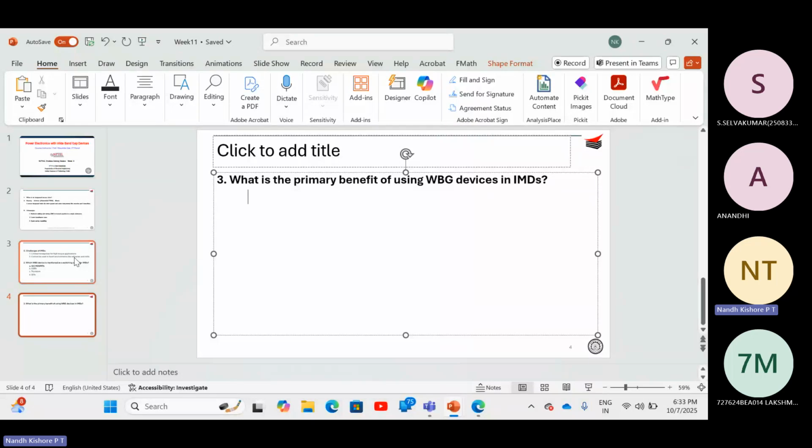Okay, so why do we use WBG devices? So, I mean, the options are all very simple. Okay, increase component cost.